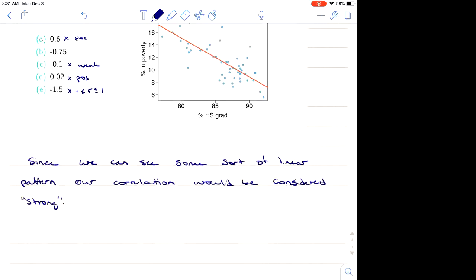So as soon as you can see some sort of pattern, you have a strong relationship. Moderately strong, if you're not sure. But like I said, at its core, I'm just going between strong and weak.